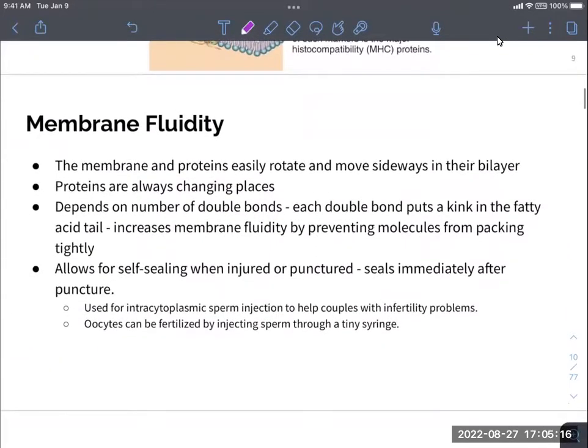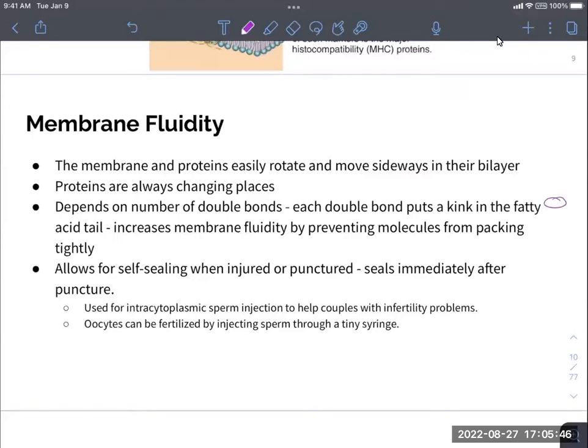This membrane is very fluid. It moves around very easily. So the membrane, the proteins within it, they all kind of rotate and move side to side in their bilayer. These proteins are always changing places. It just depends on the double bonds that are created. And each of the double bonds actually puts a kink in that fatty acid.